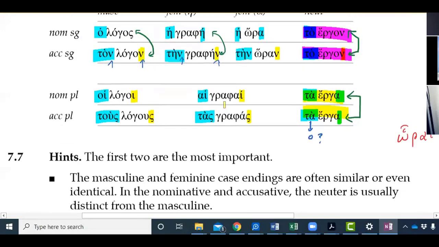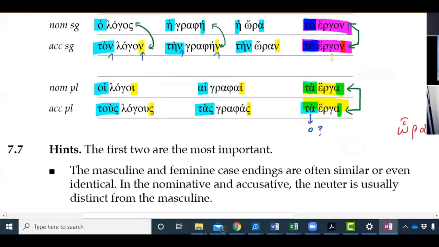You see how we have this alpha here, nominative and accusative plural. Now, this rule is not saying that only nominative and accusative plural nouns are neuter nouns, right? Because we do have words like chōra.